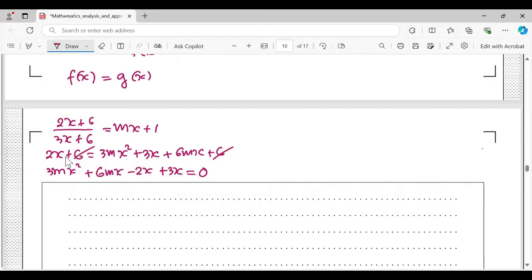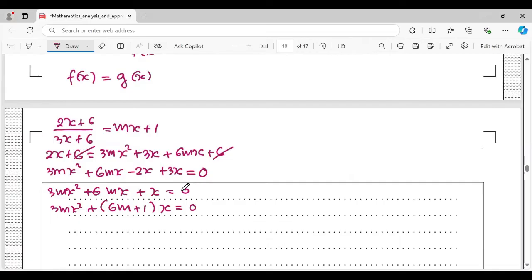So it becomes 3mx squared plus 6mx plus x equals 0, or 3mx squared plus (6m plus 1)x equals 0.